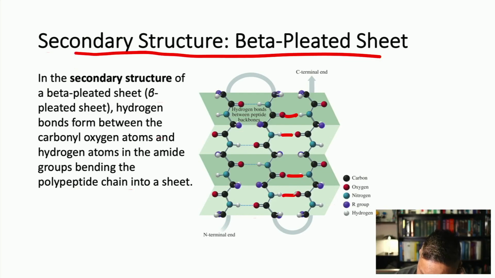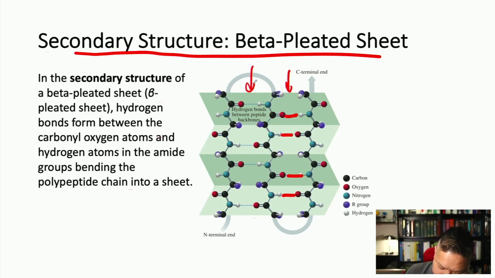And if the R groups are small enough, for example methyls or just hydrogens, they can get even closer to each other. When they get this close, you can form a beta-pleated sheet, and it looks just like a sheet of paper that's kind of ruffled.